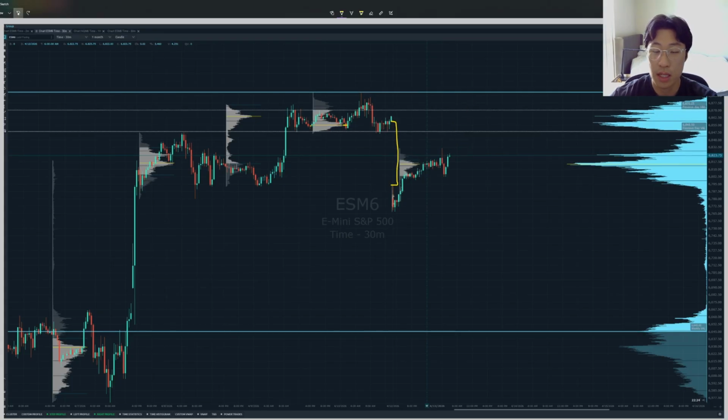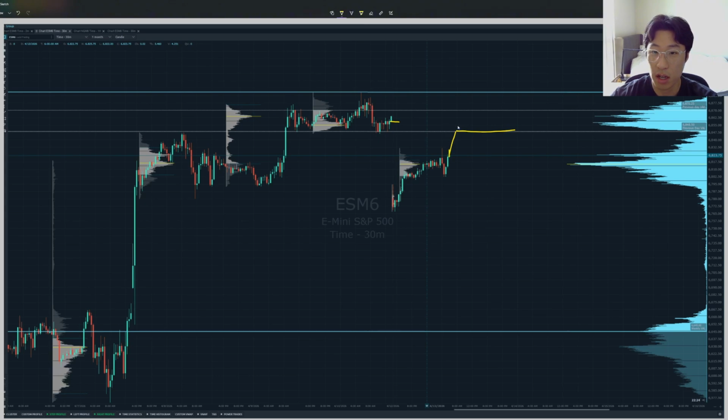Now, the biggest mistake that I made today was failing to notice that the gap fill was up here, not here. For some reason, I thought that the gap fill was at the previous day value area low. So I was watching price and I made a plan around this level.